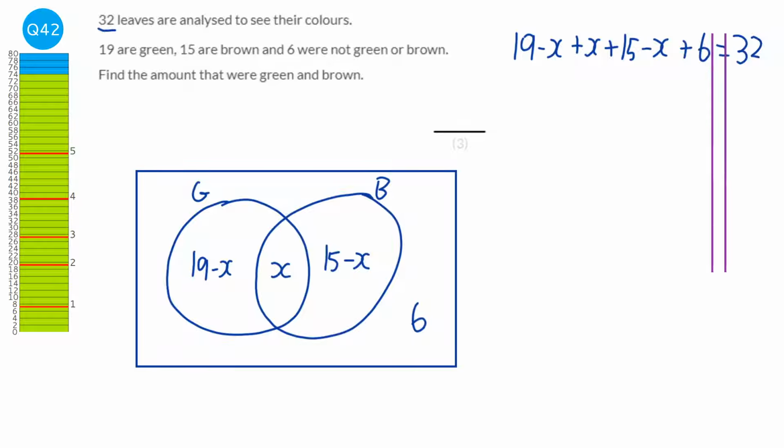And let's get our solving lines in. So we've got minus X and minus X, that'll be a minus X. And we've got 19 plus 15 plus 6, which will be 40, equals 32. We're going to take away the 40 both sides.